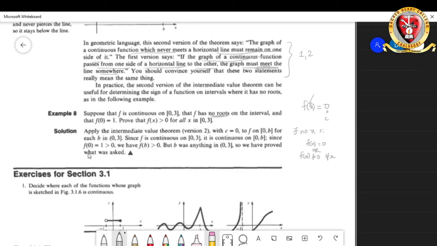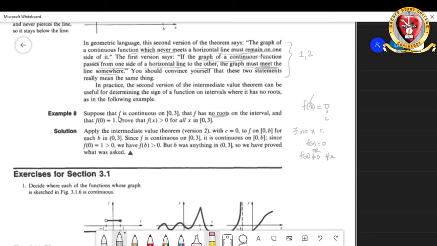Now since f of 0 is equal to 1, strictly greater than 0, we simultaneously have f of b strictly greater than 0. But b was anything in open interval 0, 3. So that means we have proved what we are asked.